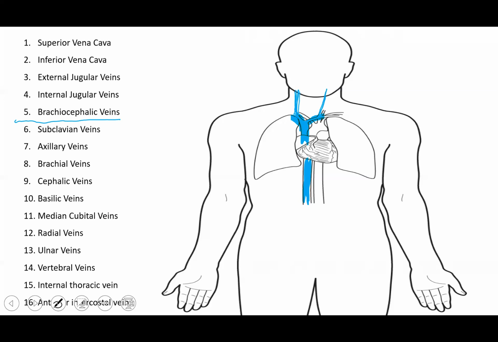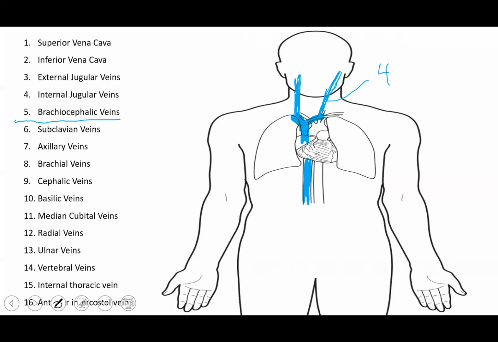First we have the internal jugular veins, number 4. They are ultimately going to be draining blood from inside the head. Just like the carotid arteries, these are going to pass on the anterior side of your neck.